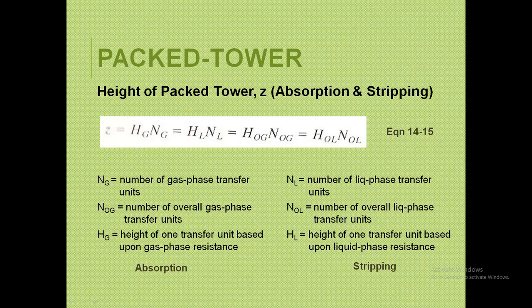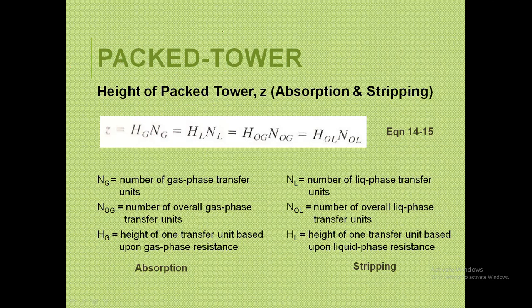The subscript G means that in determining the tower height, you have used the gas phase resistance. This is in the case when the problem is gas absorption. If the problem is stripping, you are to use the H sub L, N sub L. This time you are basing the determination of the tower height on the liquid resistance.